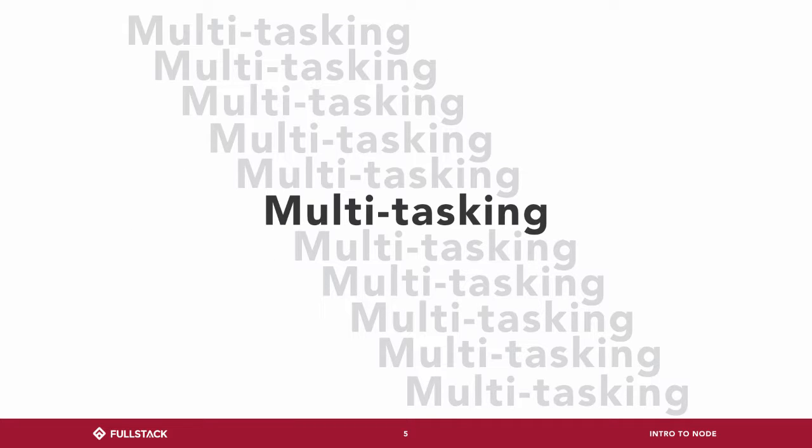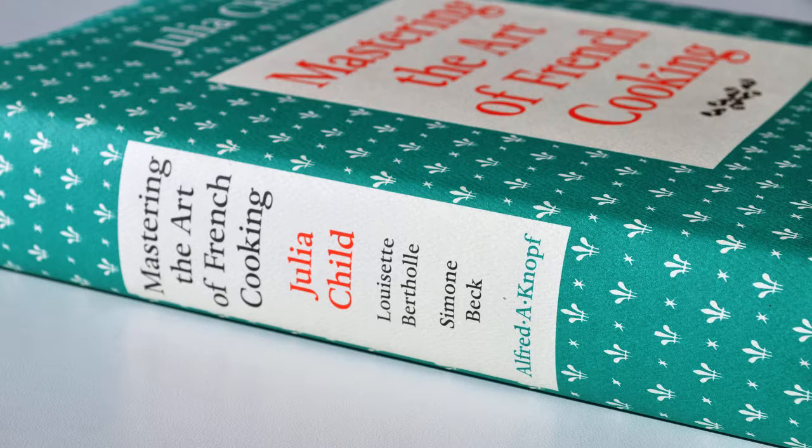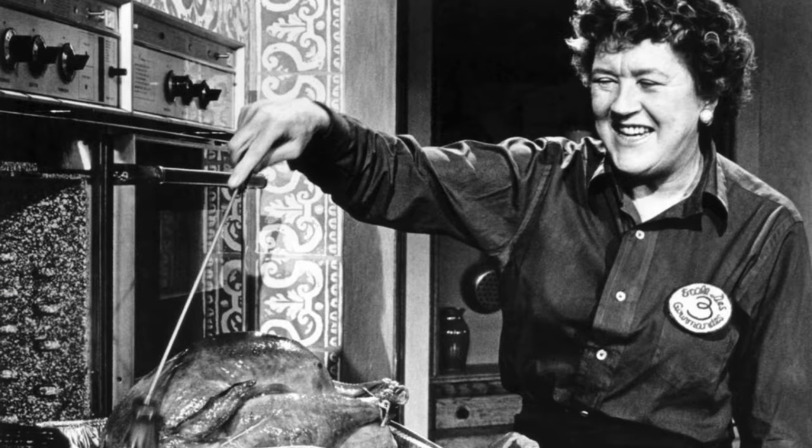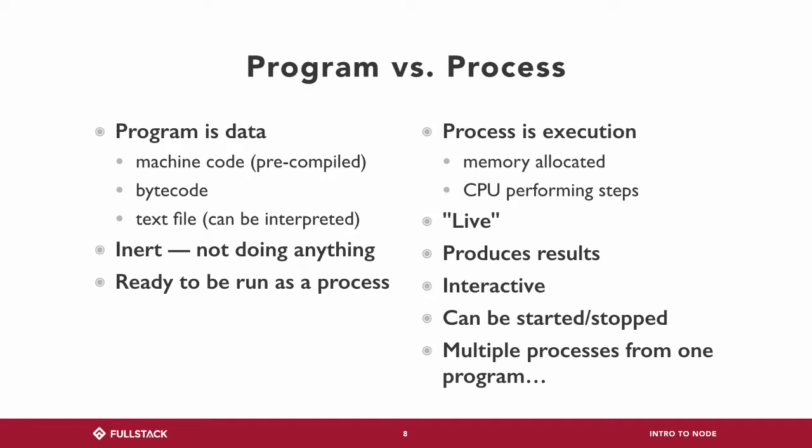So one thing that we could talk about is multitasking, how things work, if we look at it within the context of a kitchen. There could be a lot of things happening within the kitchen. If we break things down in terms of a program and a process, we can think about our program as the files that we have that don't end up doing anything, but the process is when they get executed.